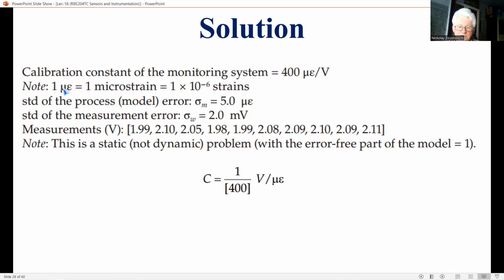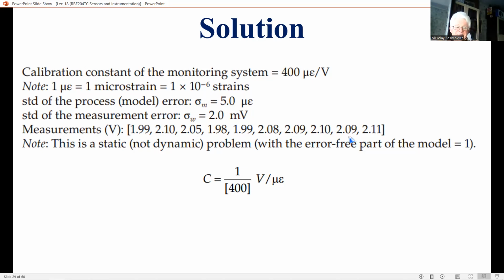We should note that 1 milli epsilon is 1 microstrain, or 1 times 10 to the power minus 6 strain. Sigma M is 5 microstrain. Sigma W is 2 millivolt. Our measurements here were represented by this data.